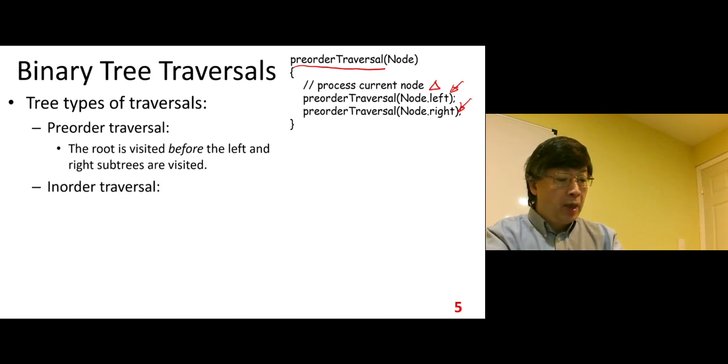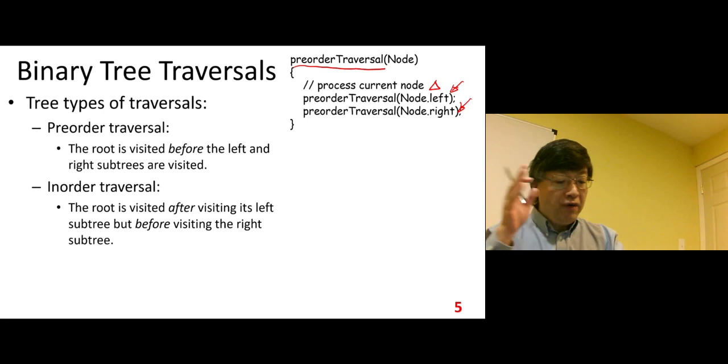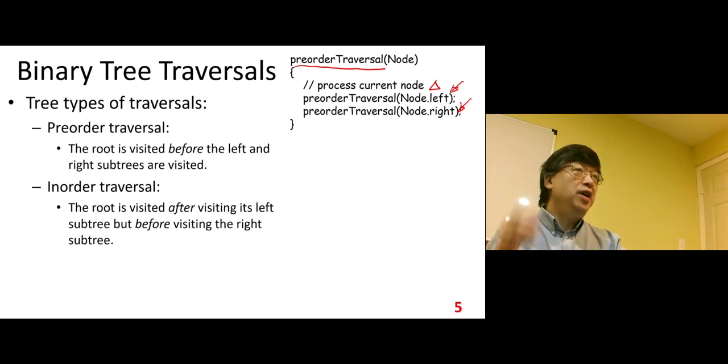In-order traversal: the root is visited after visiting its left subtree and before visiting the right subtree, in between.